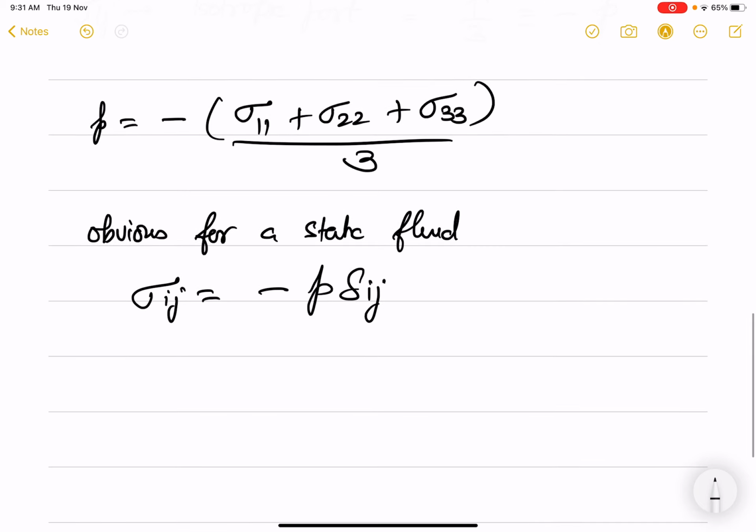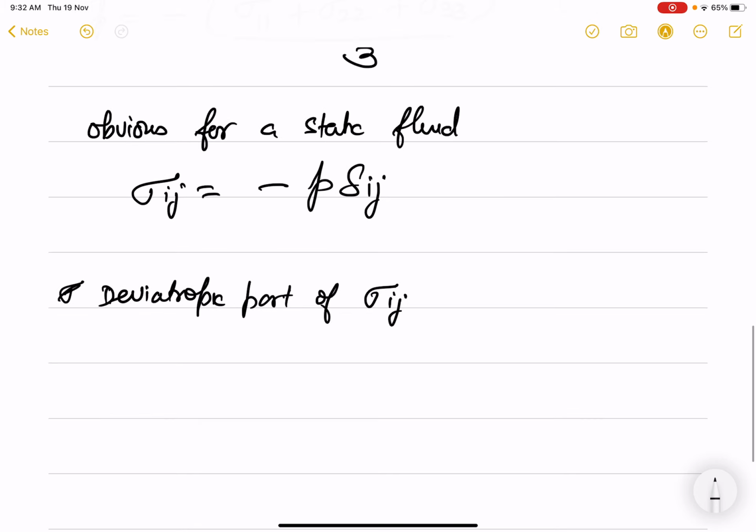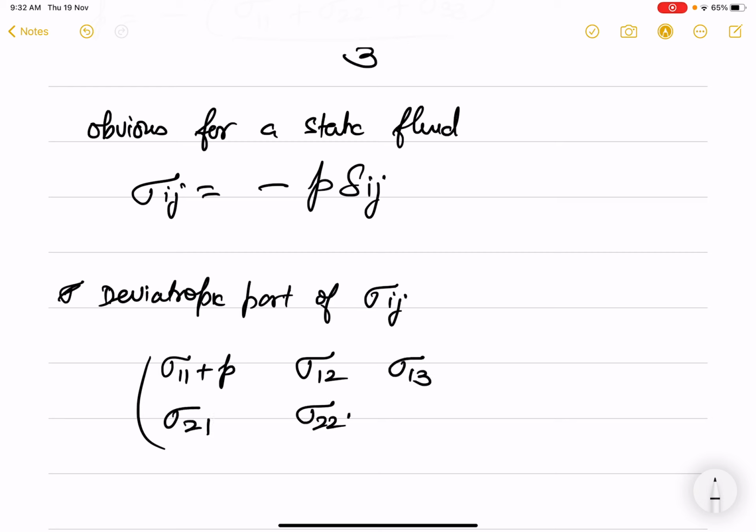Now, the deviatoric part of sigma ij is equal to sigma 11 plus P, sigma 12, sigma 13, sigma 21, sigma 22 plus P, sigma 23, sigma 31, sigma 32, and sigma 33 plus P.